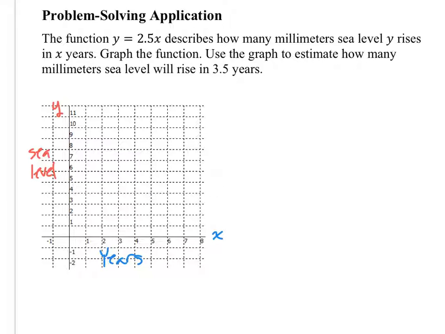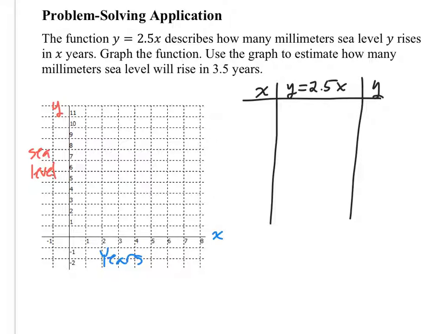So if we set up a table of values, it would not be realistic to have a negative value for x because we won't have negative years. So we could have 0 in 0 years, although that's probably not accurate either, but we'll go ahead and put 0 in, 1 year, 2, 3, and 4 because 4 goes past our 3.5.